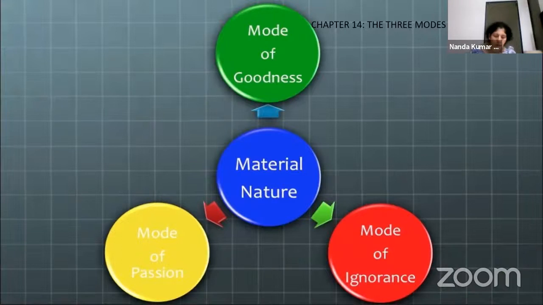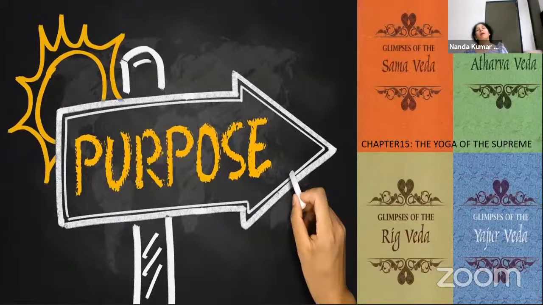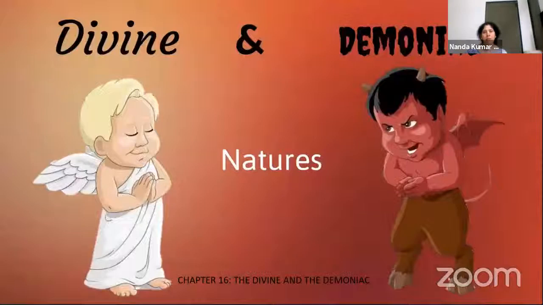So the 14th chapter is modes of material nature; I can't discuss much about it. Then the 15th chapter, what is the 15th chapter? Purushottam Yoga. That should be the purpose of my life, to do what? Unite with the Lord. So, Purushottam Yoga. Then the 16th chapter is the divine and the demonic natures. If we read the qualities, we can analyze ourselves.